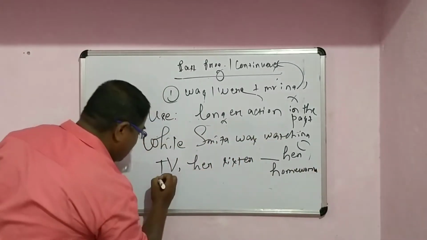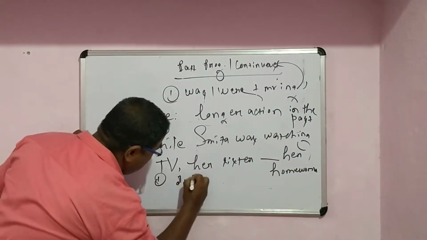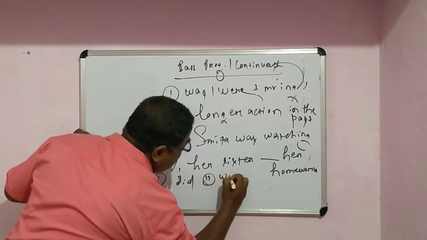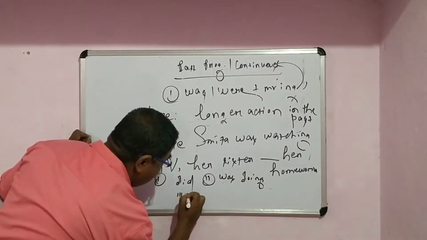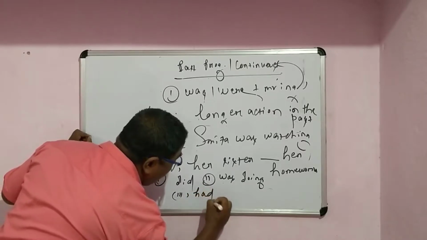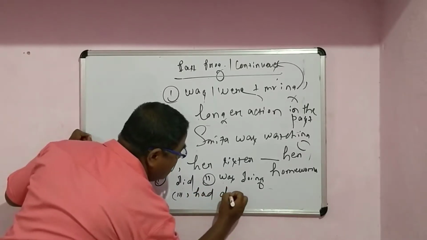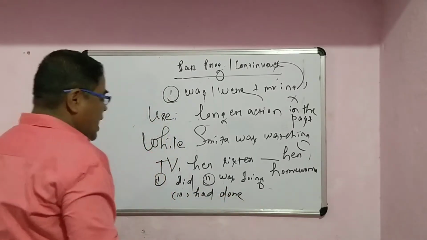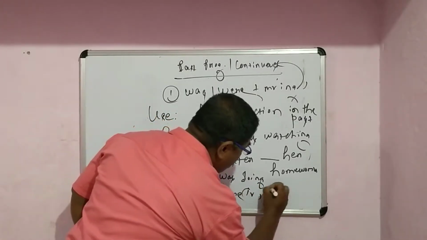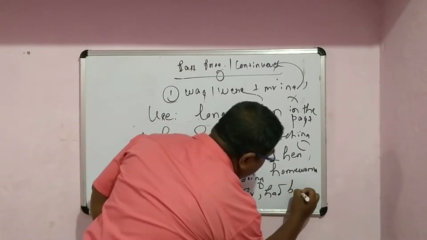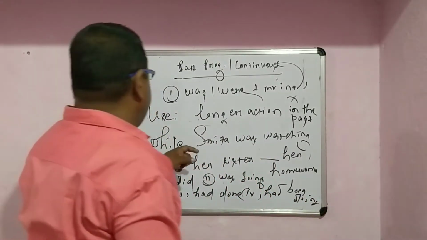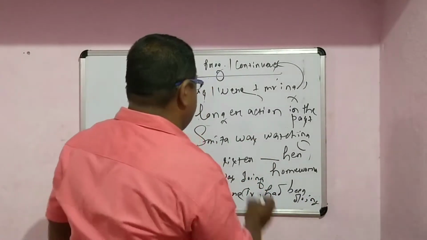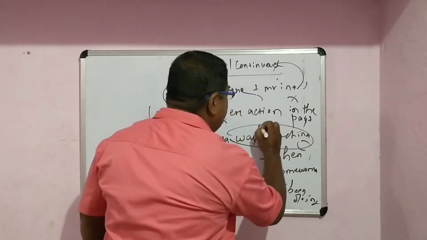Within the bracket, number A, did, number B, was doing, number C, had done. Obviously, all the forms in the alternatives are in the past form, and number 4, past perfect progressive, that is had been doing. So, what will be our best option? While Smita was watching. Obviously, was watching is the past progressive.